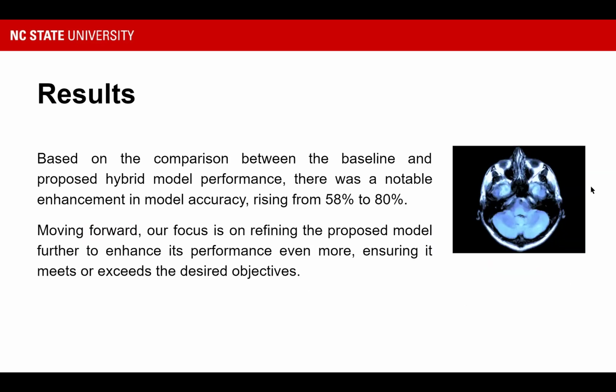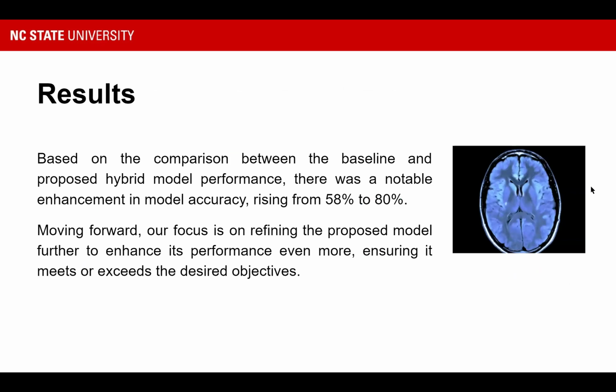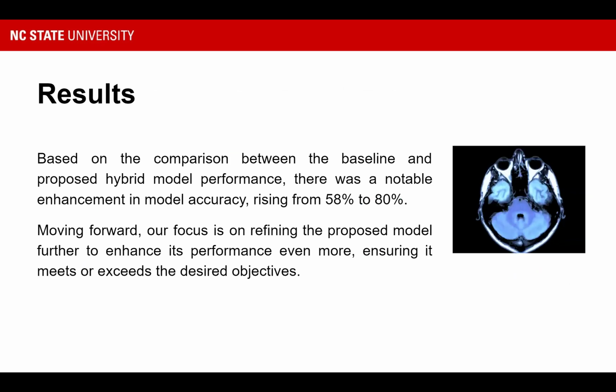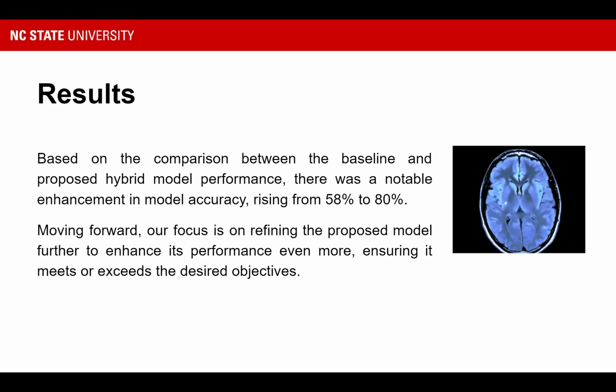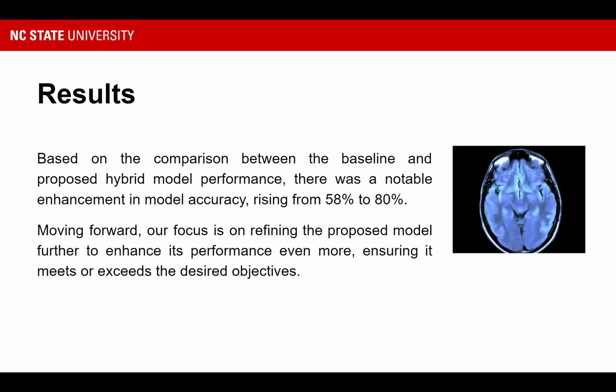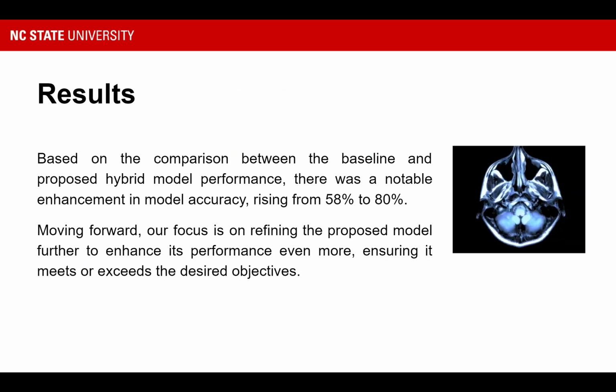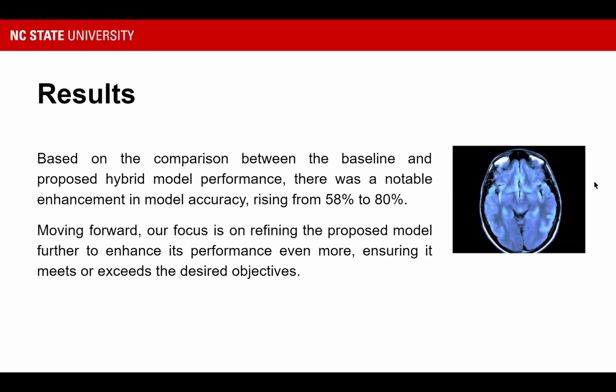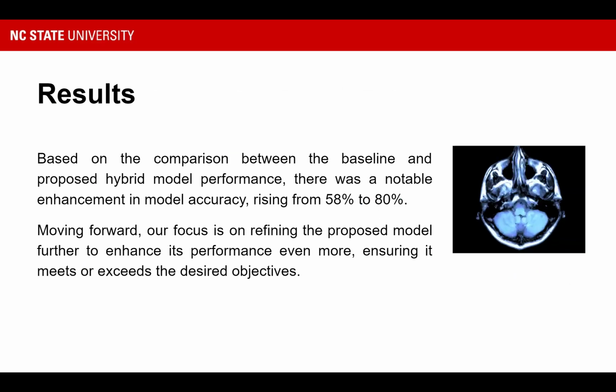Based on the comparison between the baseline and the proposed hybrid model performance, there was a notable boost in the model accuracy, from 58% to 80%. Moving forward, in the future scope, we will focus on increasing that accuracy to more than 80%.